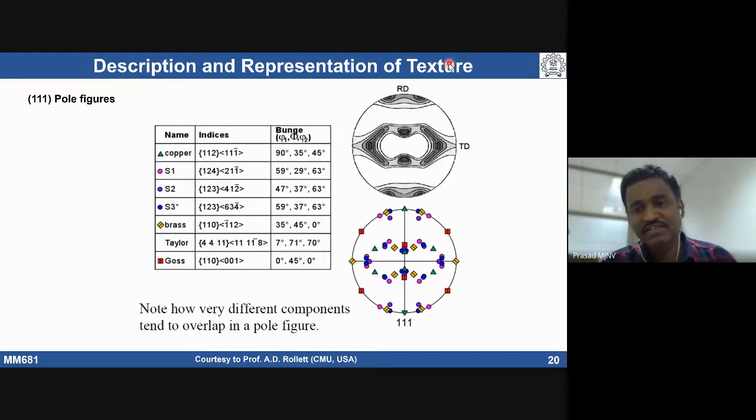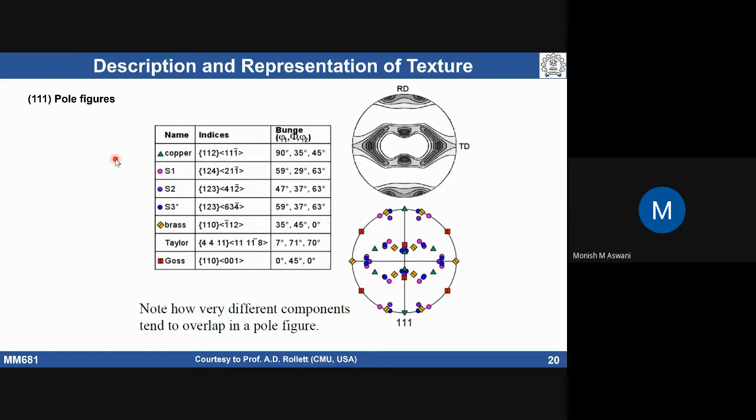We get all the 111 related things. While collecting information, we get this kind of pattern. The pole figure will be like this. One particular pole figure has many components: apart from the copper component, we also see several other components present. One single pole figure is not sufficient to quantify the texture components.